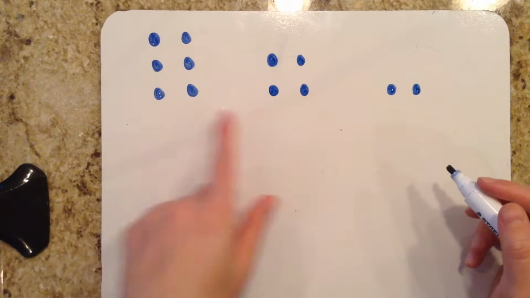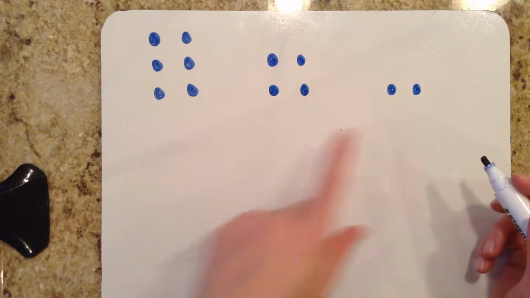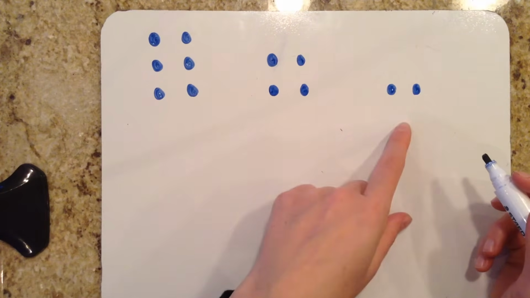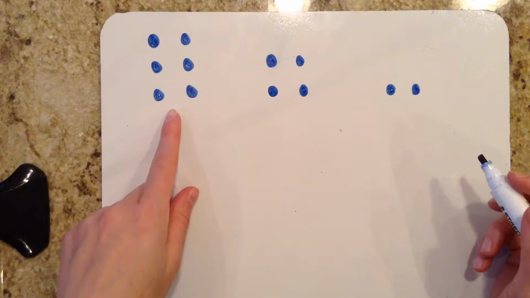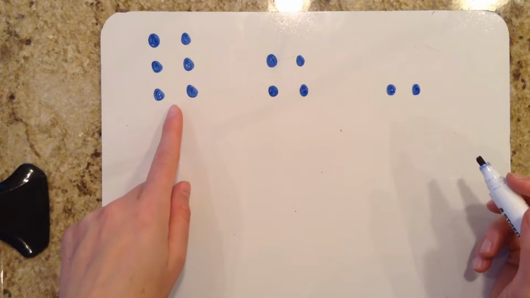This pattern gets smaller. It's called a decreasing pattern. In the first term, there are 6 dots.